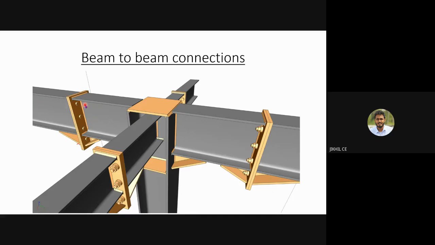In those cases we require joining connections between the 2 beam members. This shows a type of connection between beam 1 and beam 2. Here we have one end plate bolted to beam 1 as well as to beam 2. Then we have the bolted connection between the 2 plates.